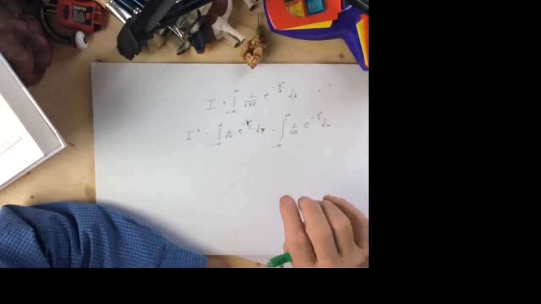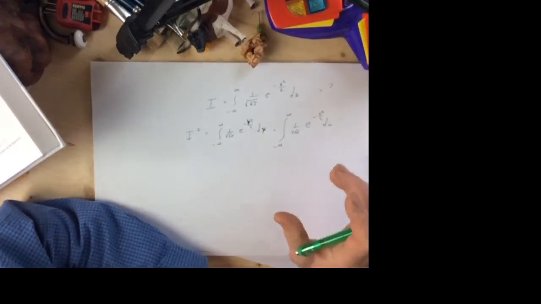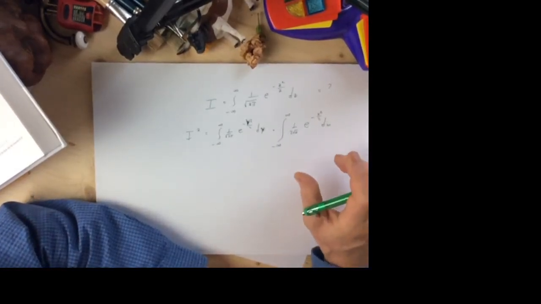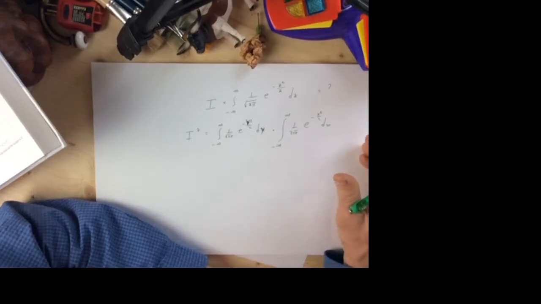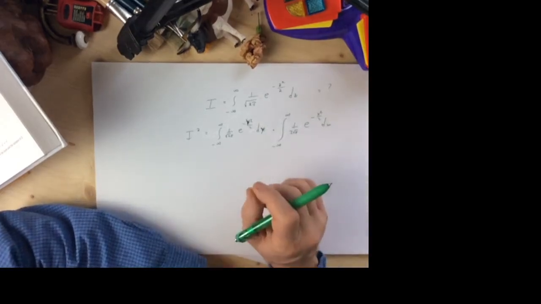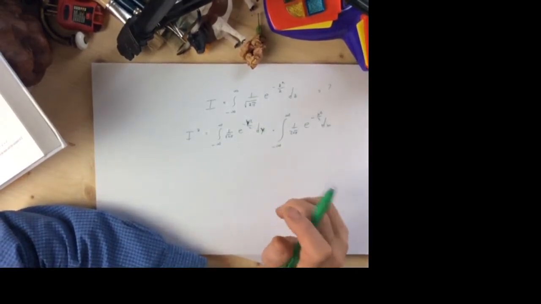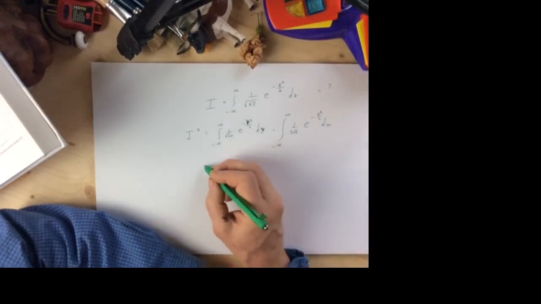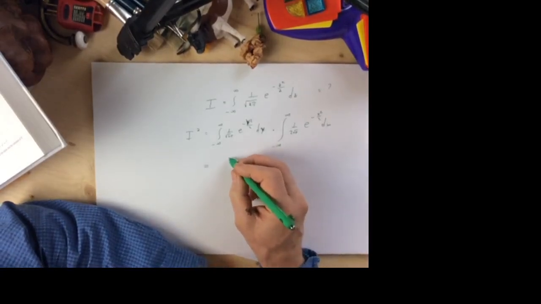But now, if we know that integrals can somehow be combined, it would be nice. Is it possible that the product of these two integrals can be actually done in the following way?